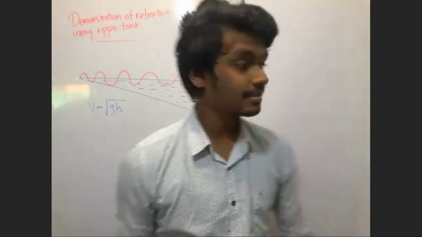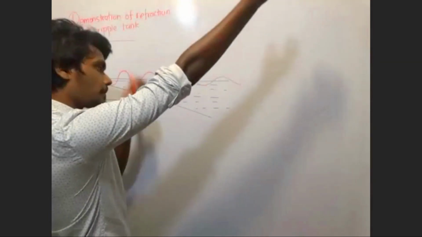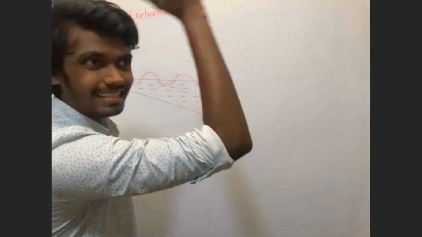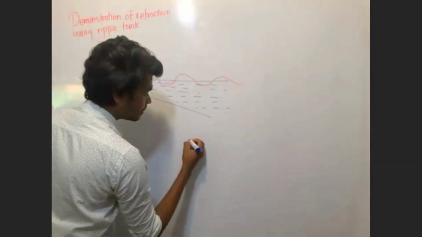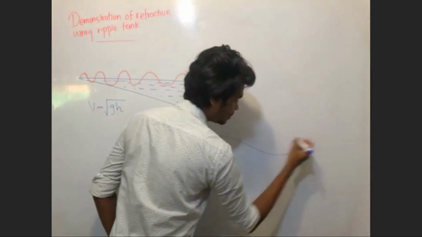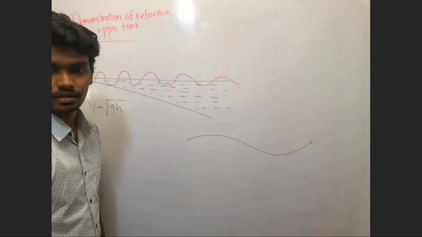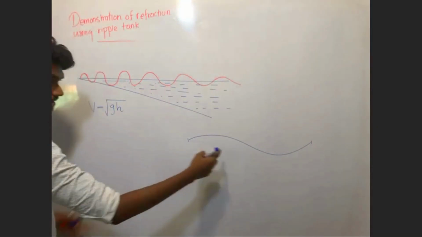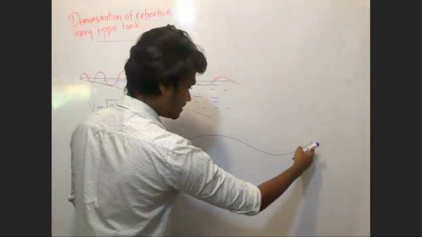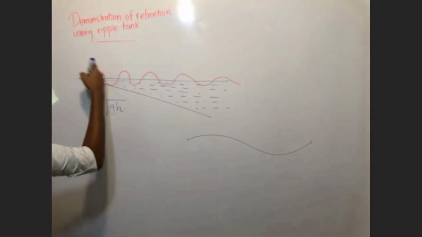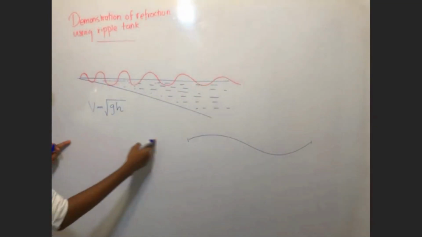When wavelength decreases at the depth, at the very depth, this is how the wavelength is going to be. This much of flow, just for you to demonstrate. At the same energy at the shore, the wavelength should decrease due to decrease of velocity.